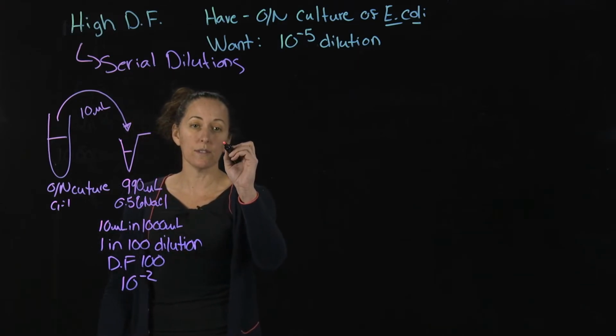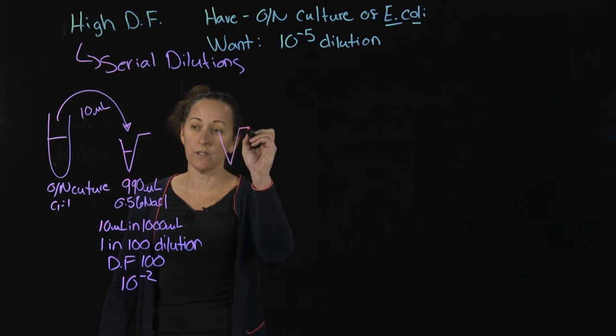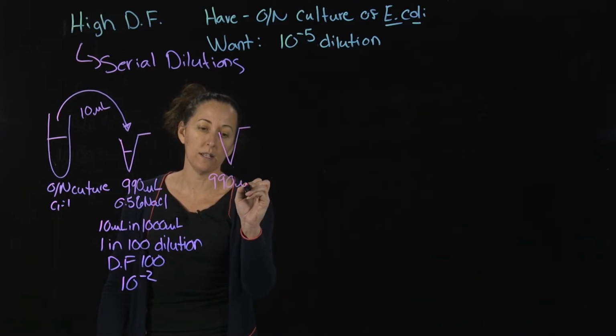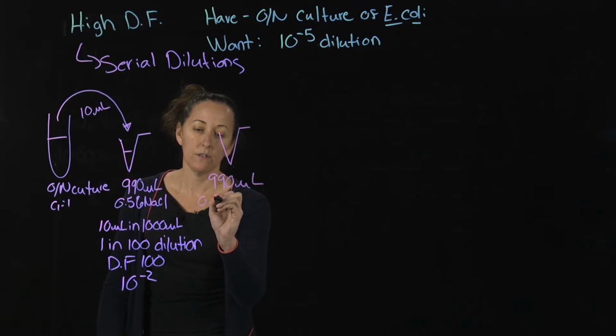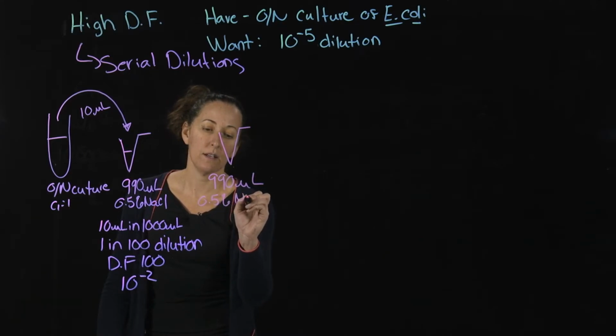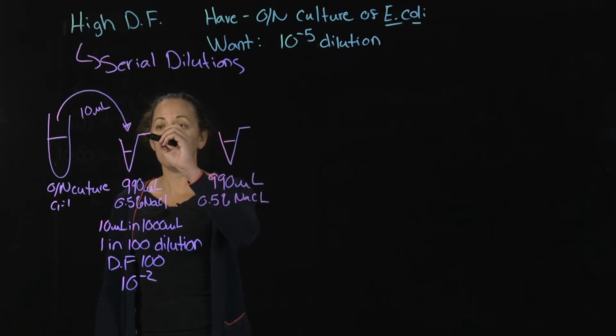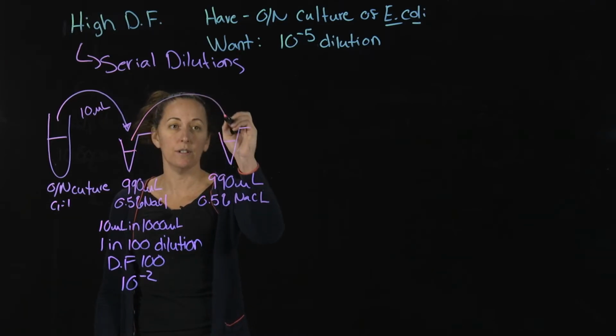So we're going to do the same thing again. I have a new tube that has 990 microliters of 0.5% NaCl. I'm going to do the same thing, but this time I'm going to take my 10 microliters out of my 10 to the negative 2 dilution.